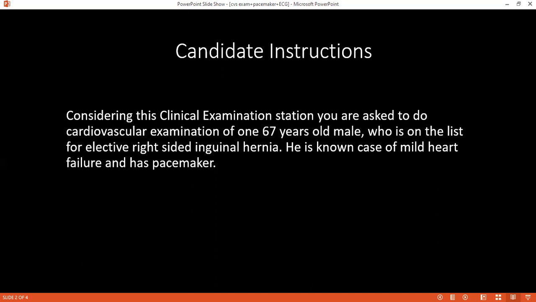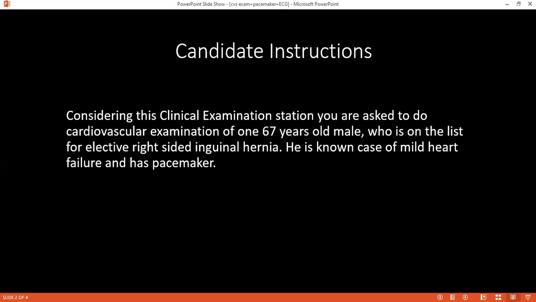After that, I will start the local inspection of the hand. Can you stretch your hand out for me, please? I will look for any sign of stigmata of infective endocarditis, like splinter hemorrhage, Janeway lesions or Osler nodes. Can you put your fingers together like this, please? Looking for clubbing.